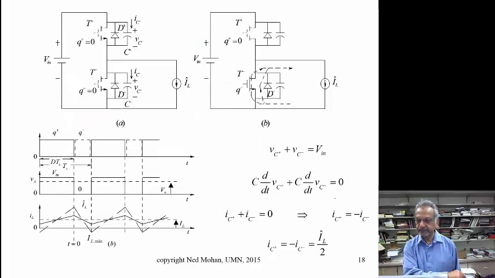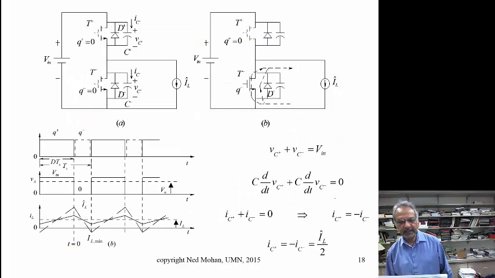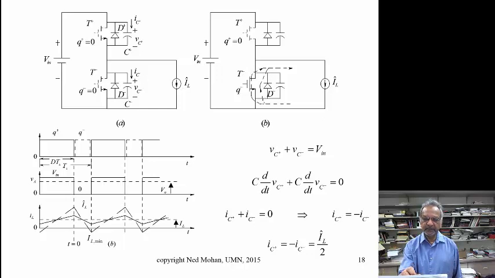So let's analyze this here, and let's look at the turn off of this upper transistor and turn on of the lower transistor. That means we are looking at the peak value of this current IL, which is shown over here. And during this transition interval, we can assume this current to be constant at its peak value.